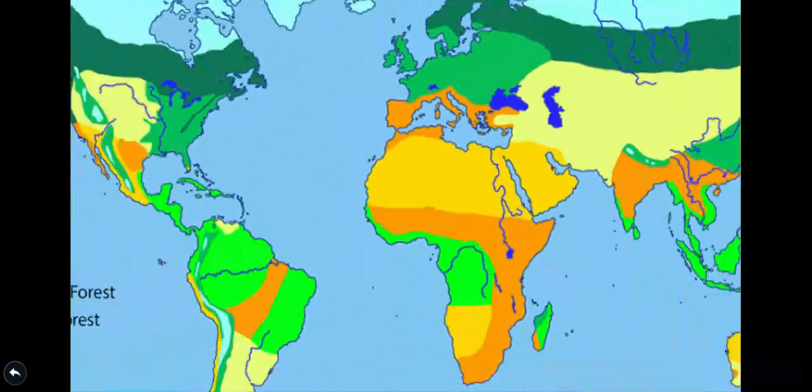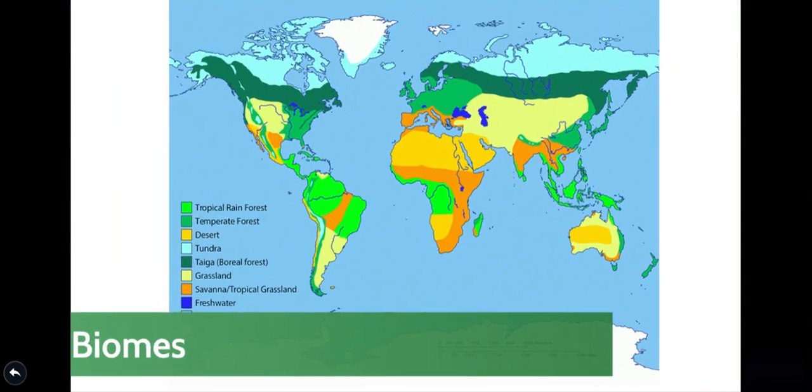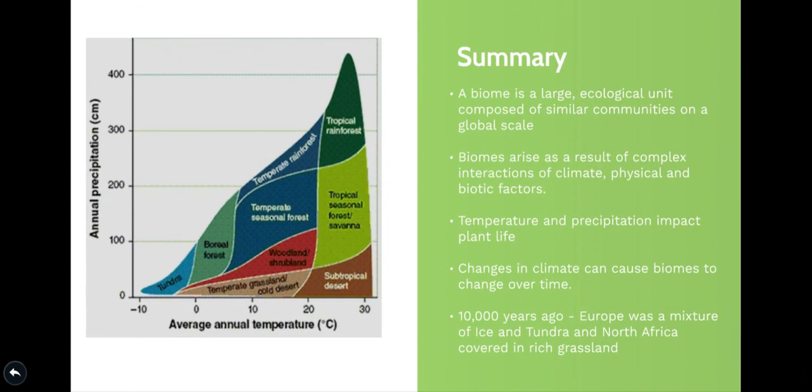Okay, so just to summarize, biomes are large ecological units composed of similar communities on a global scale. Generally speaking, biomes arise as a result of complex interactions of climate and physical and biotic factors. Okay, so all of those three things come together to decide essentially what biome exists in a given region.